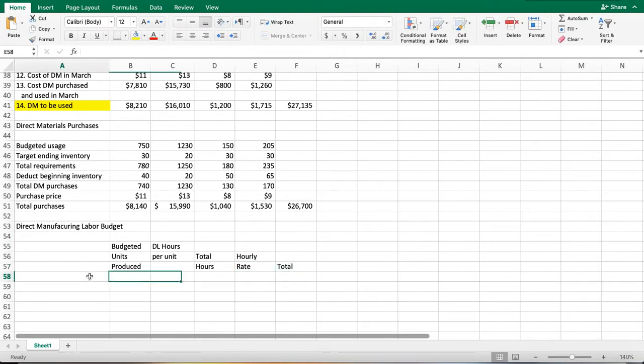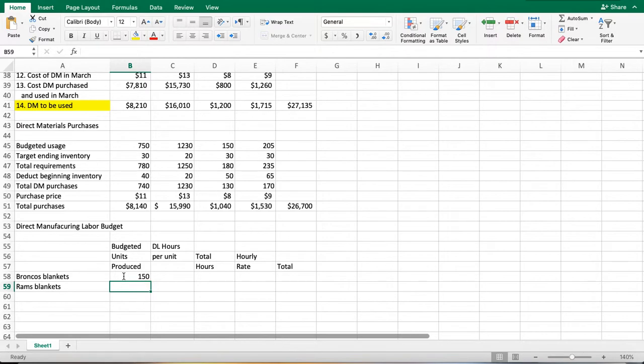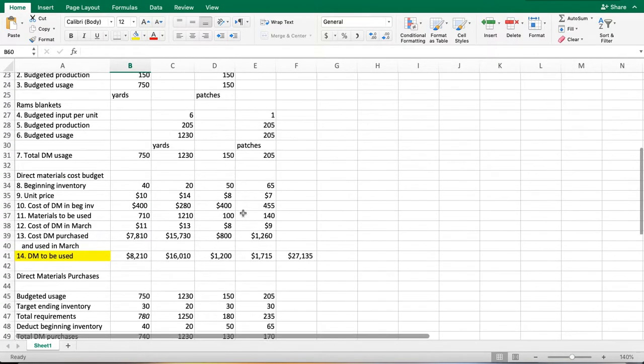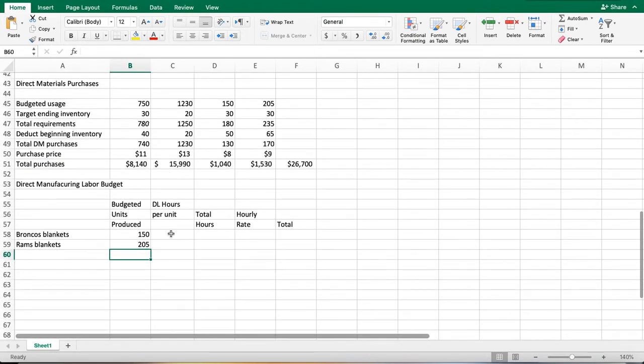So we have two different kinds, two products. We have the Broncos blankets, and we have the Rams blankets. We know that we're going to produce 150, and we're going to produce 205. That was up here where we calculated our production, right here, production and budget. We know that for one of those blankets, it's not $4 an hour, it's 4 hours.